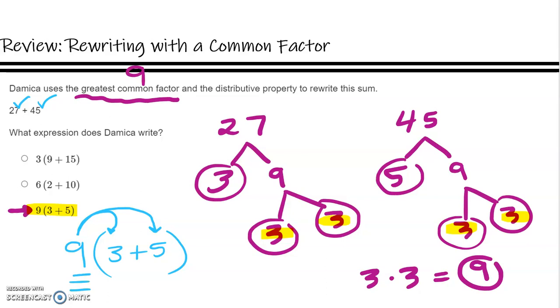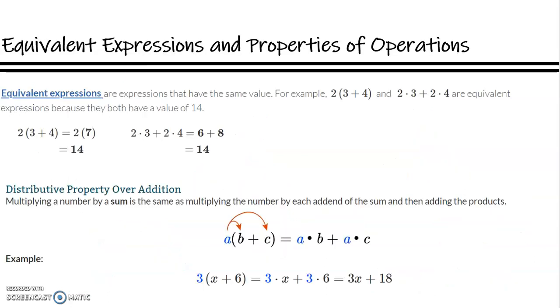Technically, choice A would also give you 27 and 45, but 3 is not the greatest common factor. And then choice B doesn't make sense because 6 times 2 is 12 and 6 times 10 is 60. So that is why choice C is your correct answer.